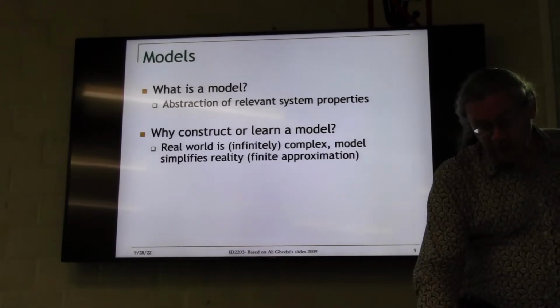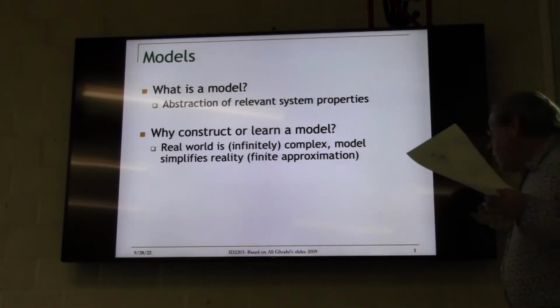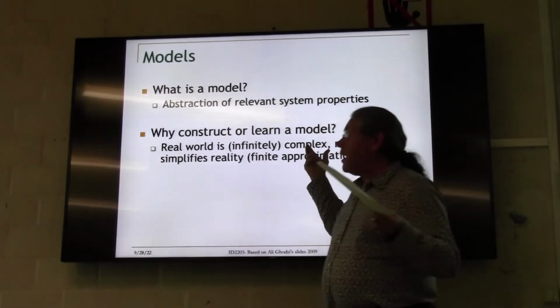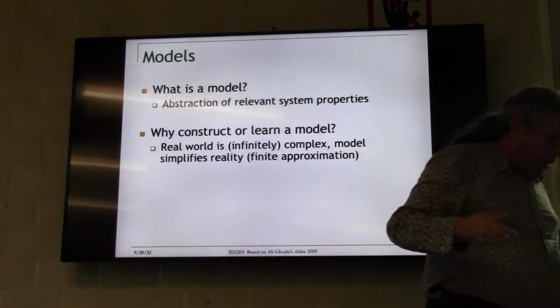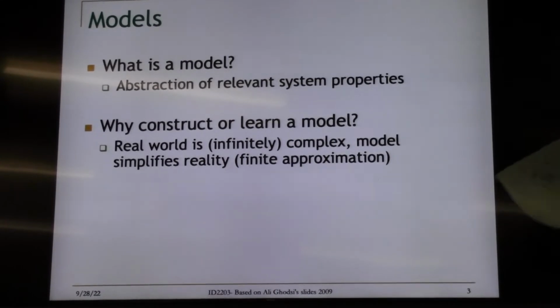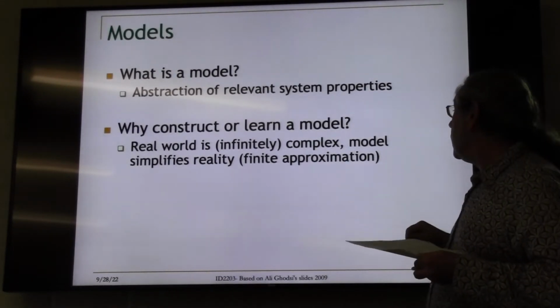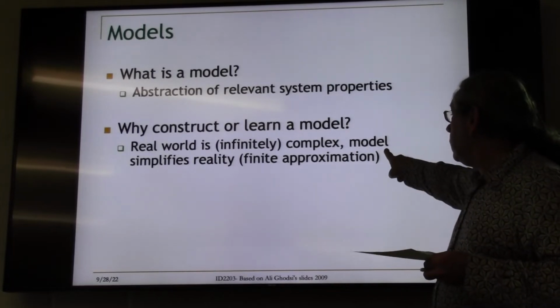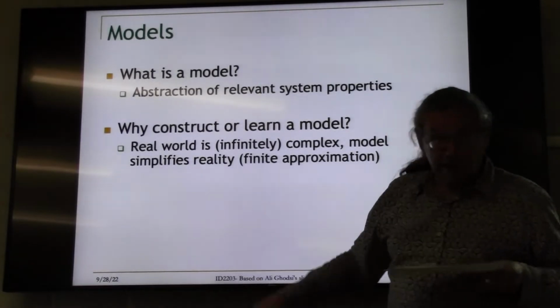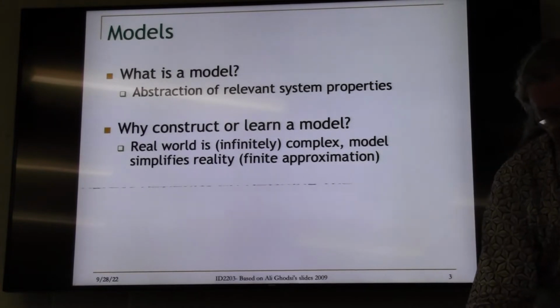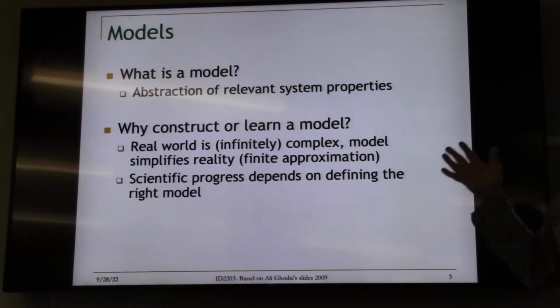In my view, the real world is very complicated. My personal opinion is that it's infinitely complicated, and that's hard to model. Infinity is very hard. So we will simplify reality, make a finite approximation. And this is very general.